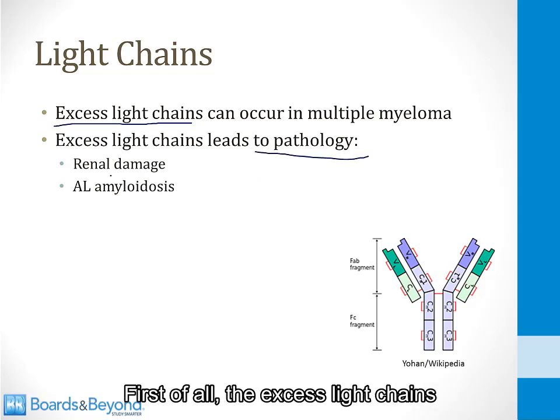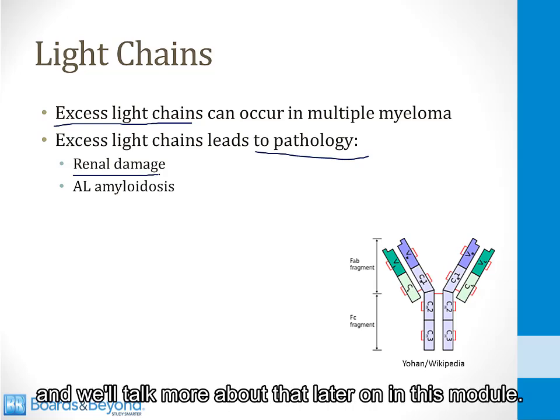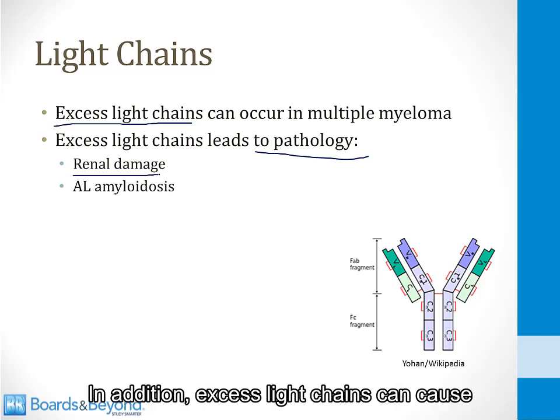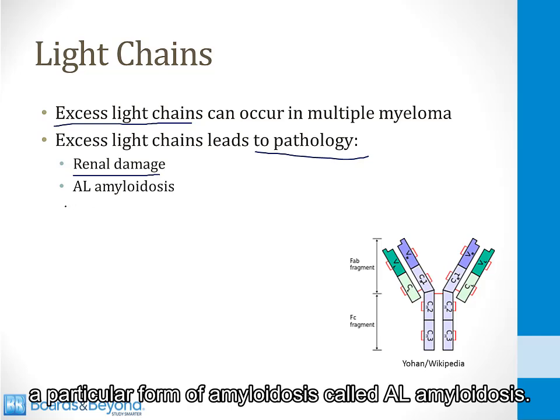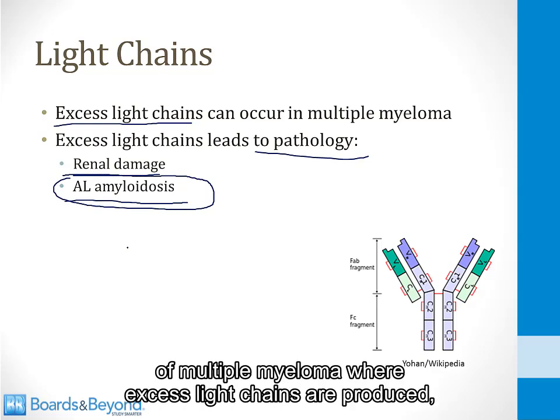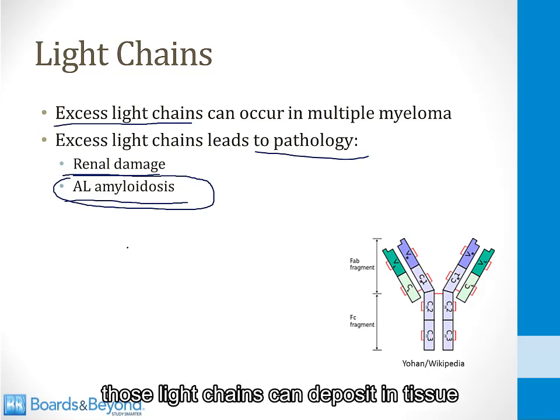First of all, the excess light chains can cause renal damage, and we'll talk more about that later on in this module. But excess light chains are toxic to the kidneys. In addition, excess light chains can cause a particular form of amyloidosis called AL amyloidosis. I discuss this in more detail in the module on amyloid disorders, but for our purposes here, you should just know that in cases of multiple myeloma where excess light chains are produced, those light chains can deposit in tissue and form amyloid structures.